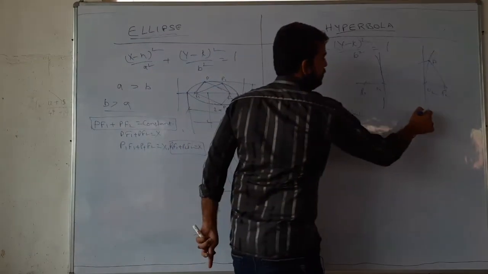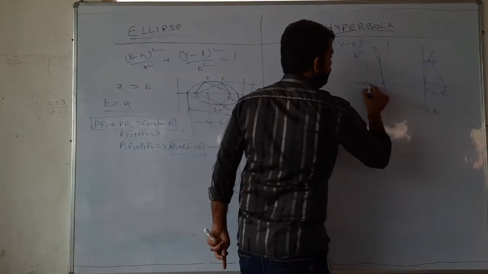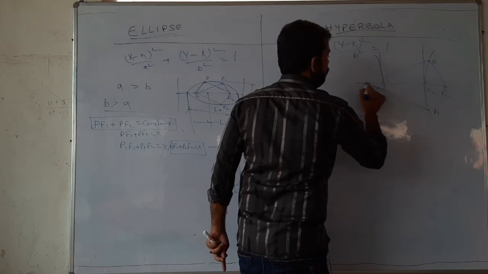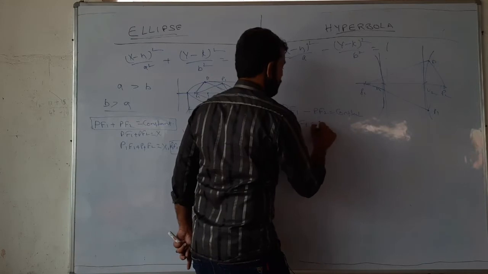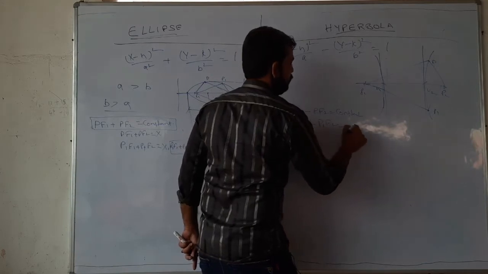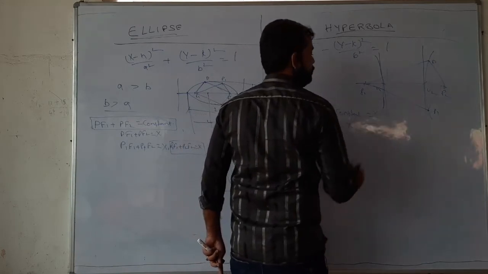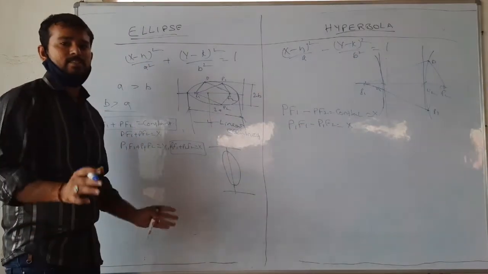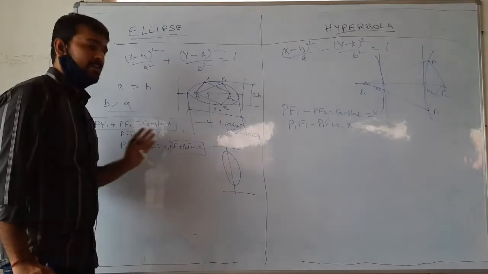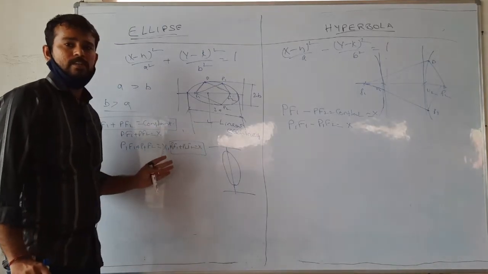Even if you consider another curve here, P1F1 minus P1F2 will also be equal to x. So the value of this equation will be the same as considered, and there will be no changes.